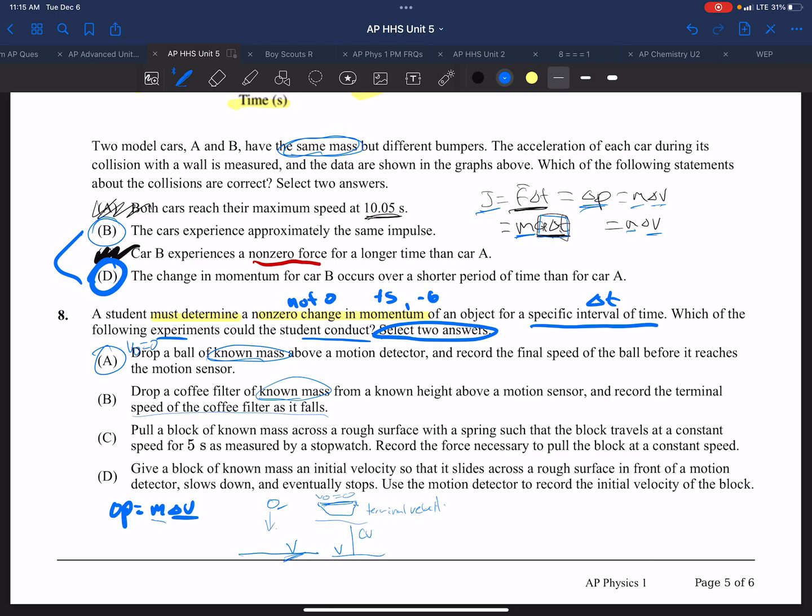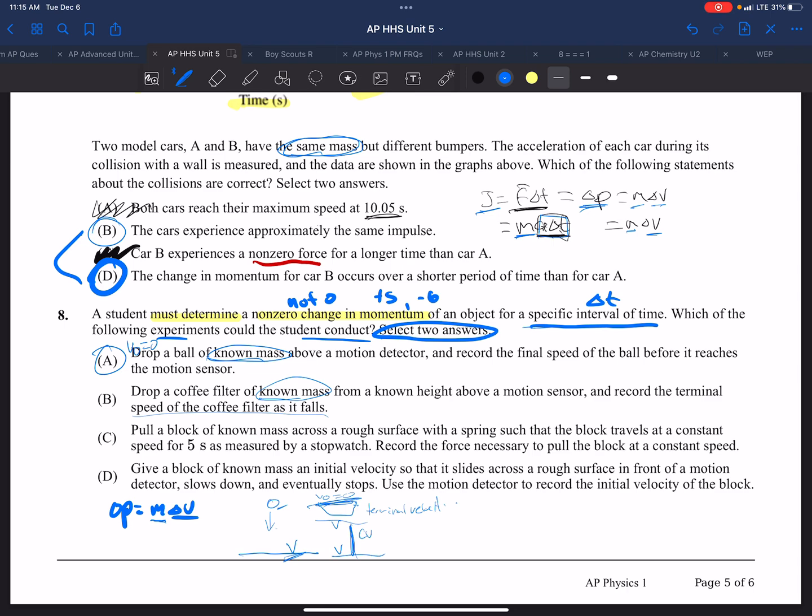With the motion detector, we have an initial velocity equal to 0 and a final velocity that will be the same velocity over a big chunk of time where there is a constant velocity. So we do know the mass of the filter, and we do know the change in velocity, and it wants it for a specific interval of time.